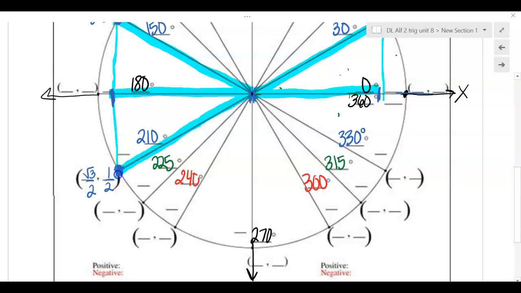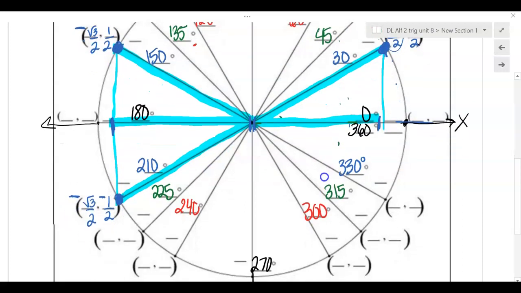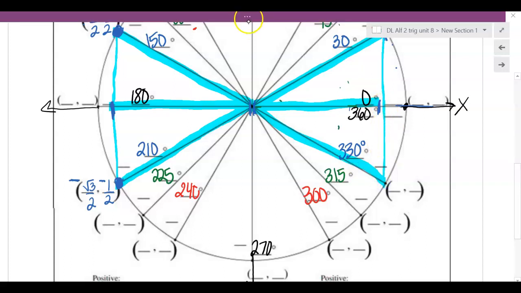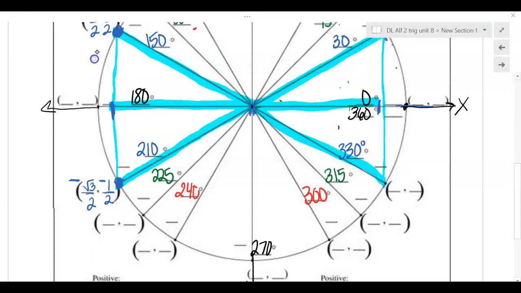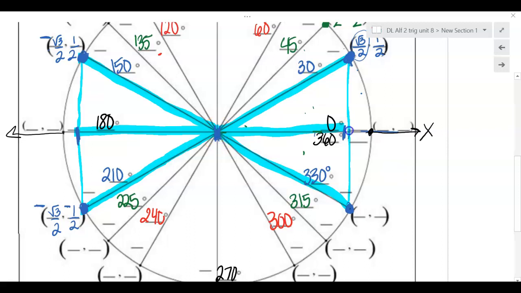But what makes us land down here in the third quadrant instead of landing up here in the second quadrant is that not only do we have a negative x, but we also have a negative y coordinate. And then you could do a reflection yet again, or a reflection from your original triangle over to this side, which puts you at this 330-degree position, which would have, again, the same x distance and the same y distance.